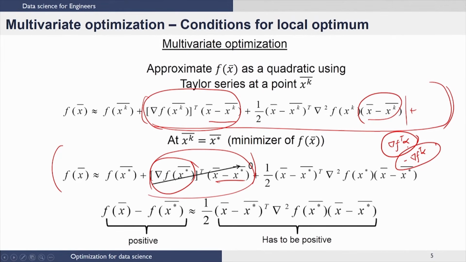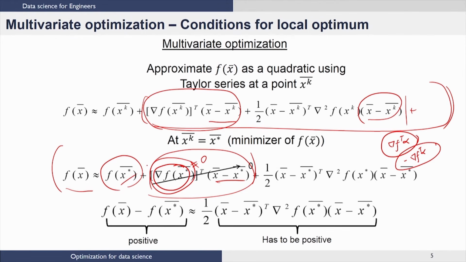That means I will have a point here which can be either larger than this or smaller than this, and if I can find a point such that this is smaller than this, then this cannot be a minimum. So, whatever you do, unless this goes to 0, I cannot ensure that this is a minimum point.